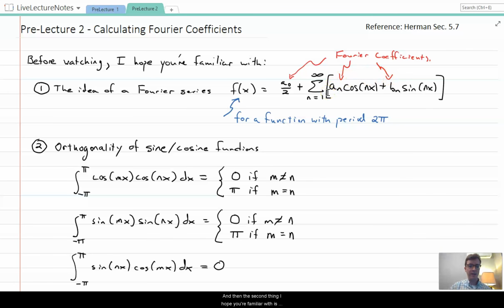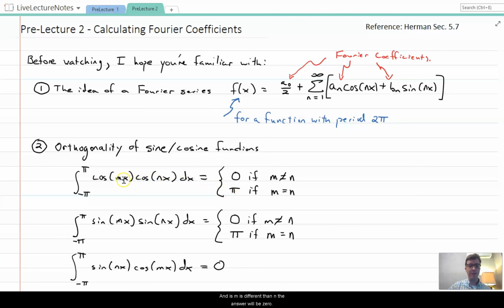So I'm hoping you're familiar with that formula at least. And then the second thing I hope you're familiar with is the orthogonality of sine and cosine functions. So it turns out that you can show that if you multiply two cosine functions together and integrate from minus pi to pi, the answer is 0 unless they're the exact same cosine. So if n is the same as m, then the answer will be pi.